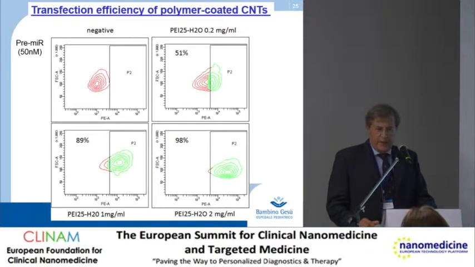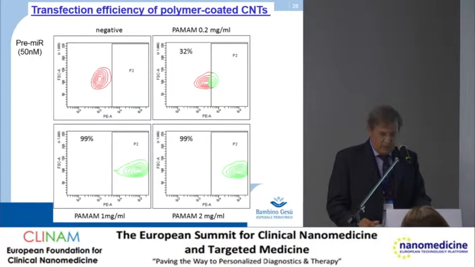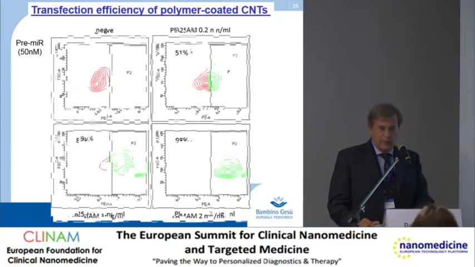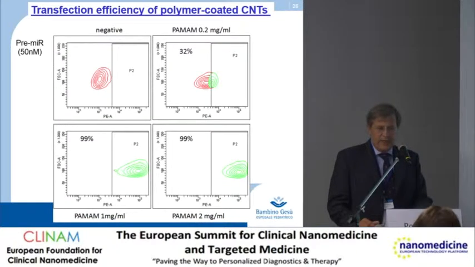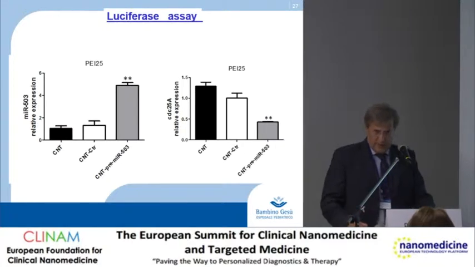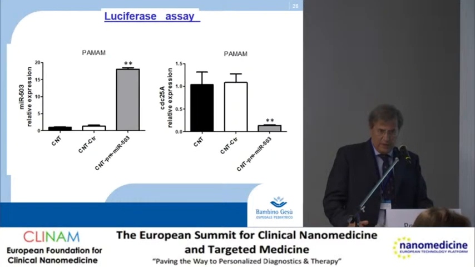With PEI it was at 2 milligrams per milliliter in aqueous solution, and with PAMAM we have 99% transfer at half the dose. So PAMAM is more efficient, and the effect in upregulating or downregulating the protein is effective in this way.